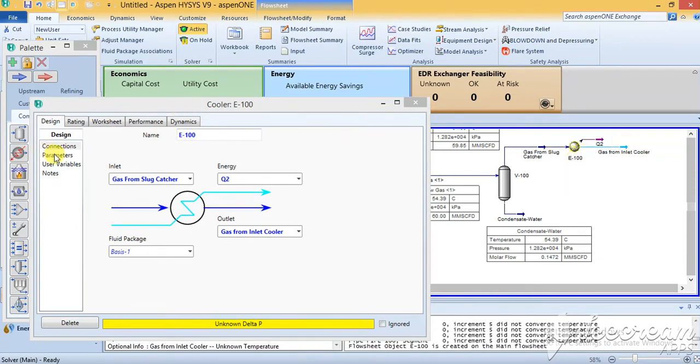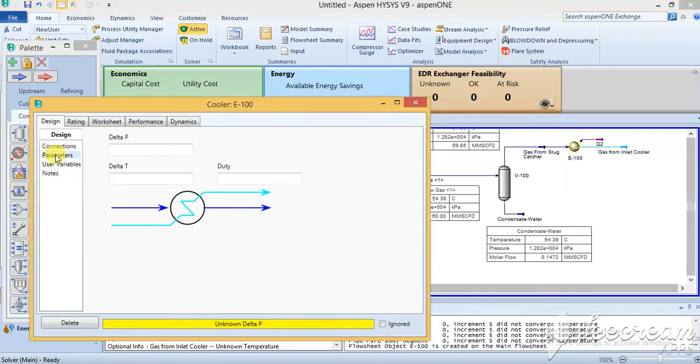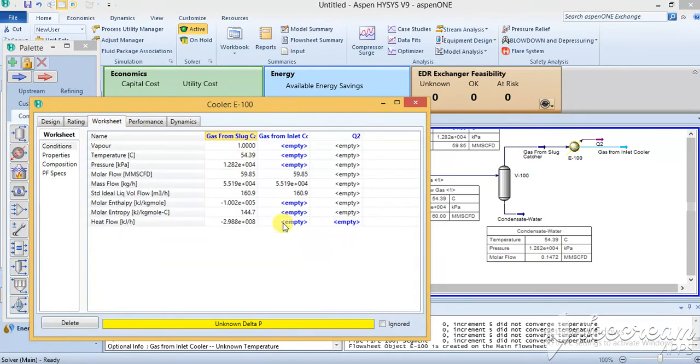So there are two options. Either you can go directly to the parameters and let it know the delta T that we are going to have, or you can go to the worksheet and add the temperature. If you add a temperature of 45 degrees Celsius, that is the minimum inlet temperature to the MRU, that is the mercury removal unit.